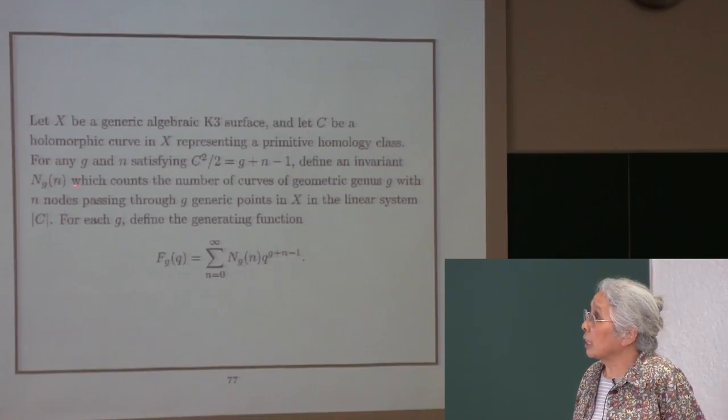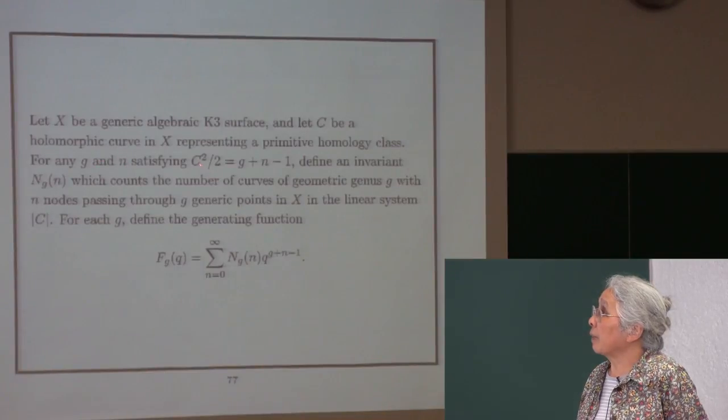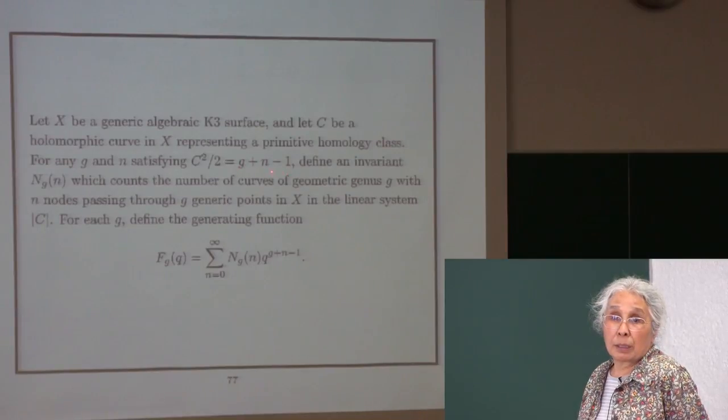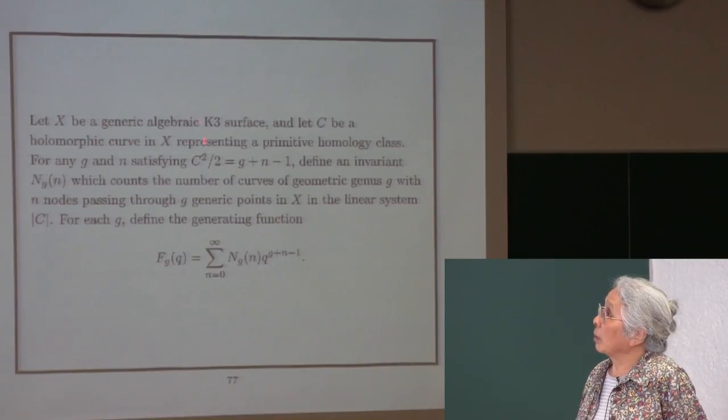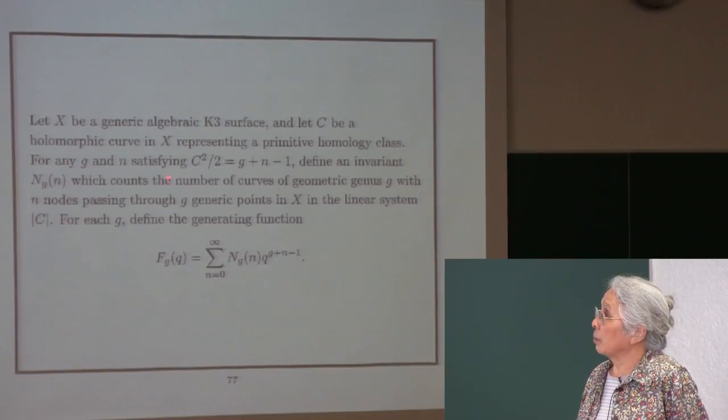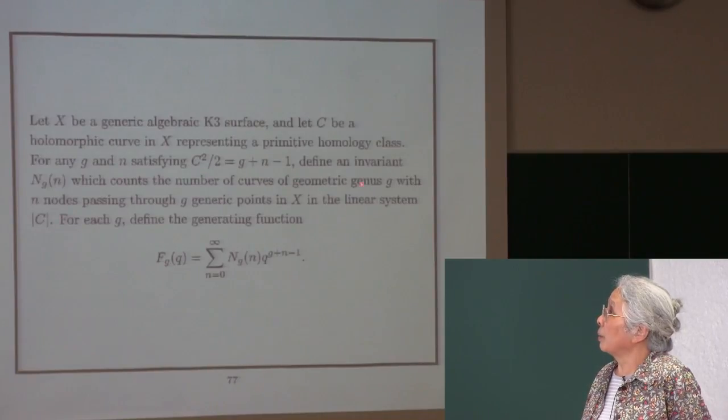So take any genus g and n satisfying self-intersection C^2 divided by 2 equals g plus n minus 1. Those are the curves you are going to consider, and then define N_{g,n}, the number of curves of geometric genus g having n nodes passing through g generic points in the linear system of C.